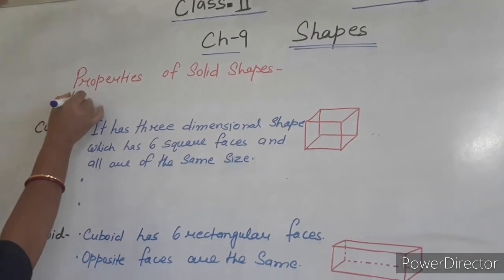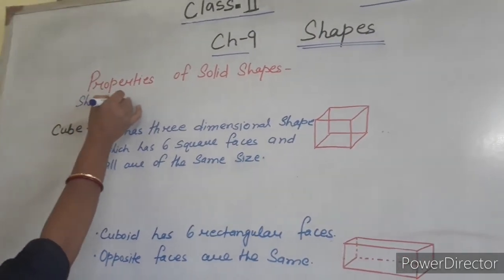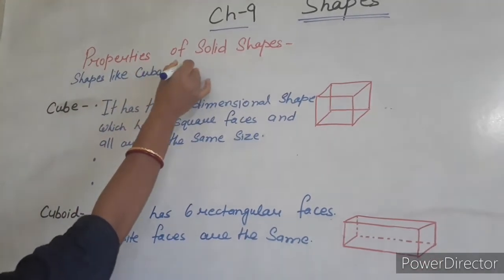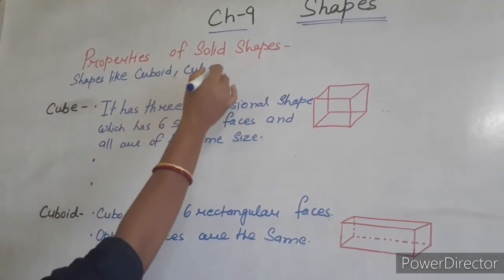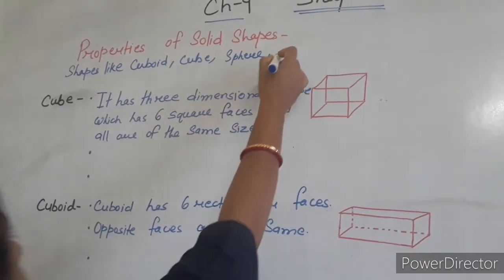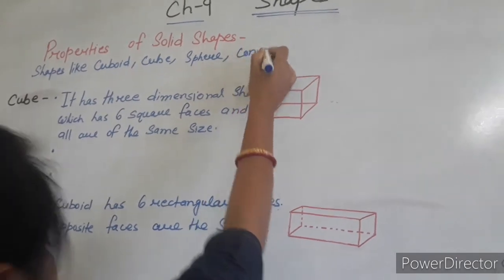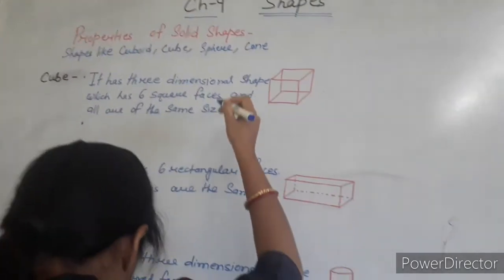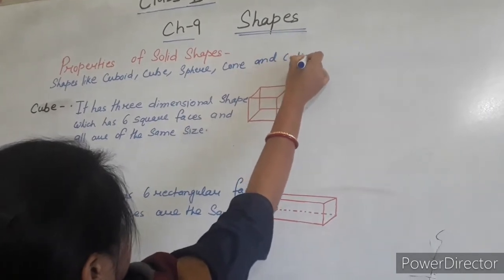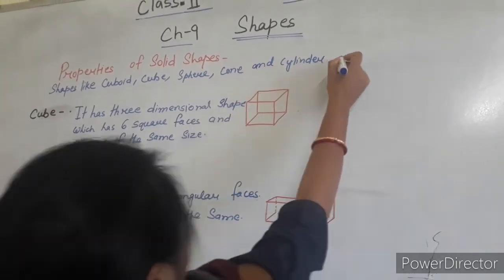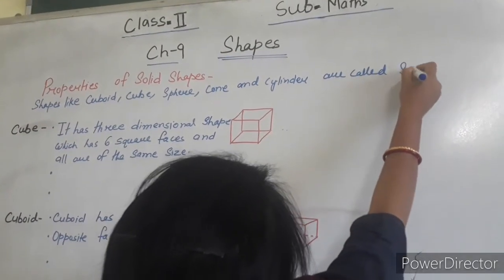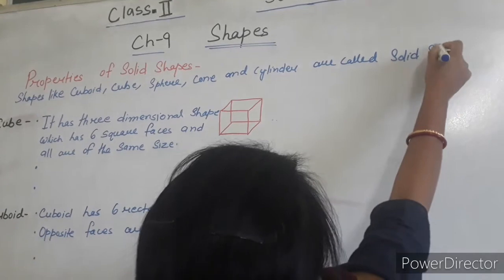Shapes like cuboid, cube, sphere, cone and cylinder are called solid shapes.